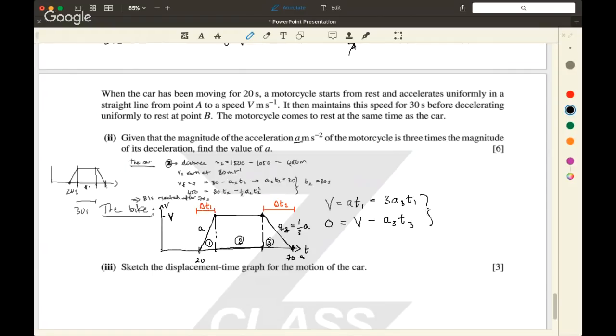If we compare these two, we plug in our value for V there. Let me call it delta T3 because this whole region is called 3. So we have delta T3 is equal to 3 times delta T1.